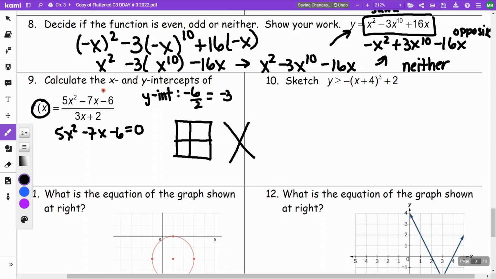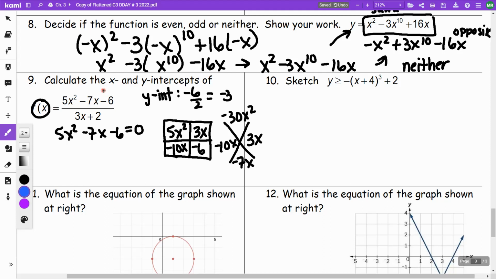So I have a 5x squared and a -6, which is a -3x squared, has to add to a -7x. So that's going to be a -10x and a 3x.